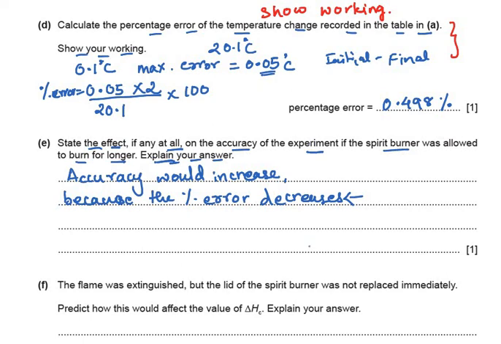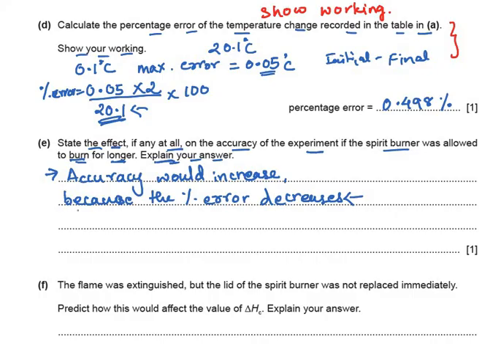So if the reading is very, very small, there are more chances of percentage error, because we can see here that in the denominator we have used the reading. So if we want to decrease our percentage error, the reading has to be a bigger one. So to get a bigger reading, we need to carry on our experiment for a longer time. So this is the reason that accuracy would increase if we burn our spirit burner for longer.